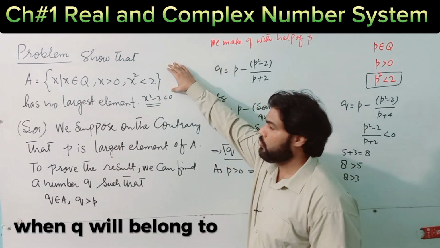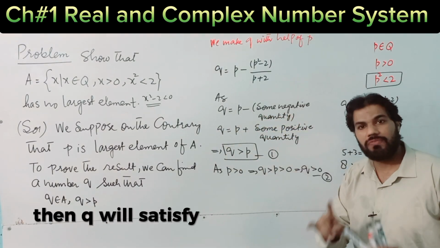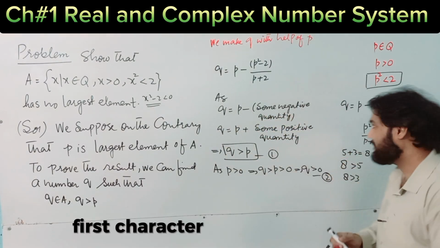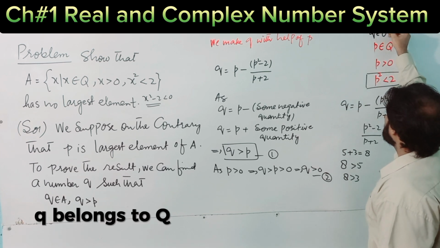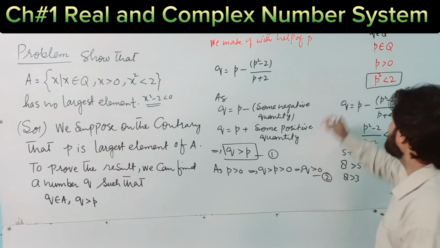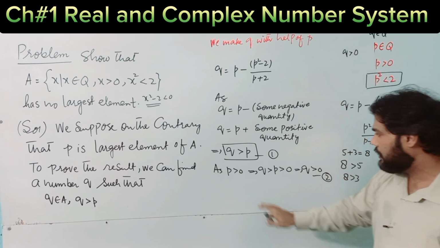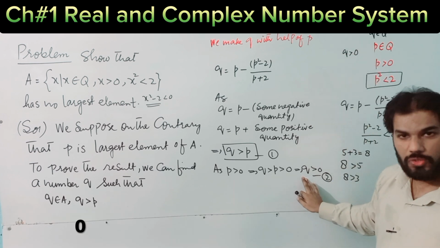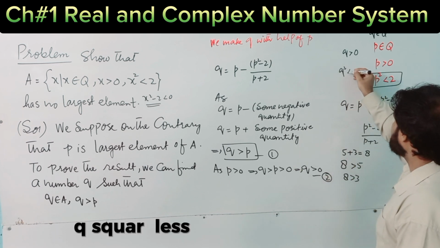q will belong to the set A when q satisfies three characteristics. First characteristic, q belongs to Q, that is, q is a rational number. Second characteristic, q should be positive, that we have proved here, q is greater than 0. And the third one, q square less than 2.